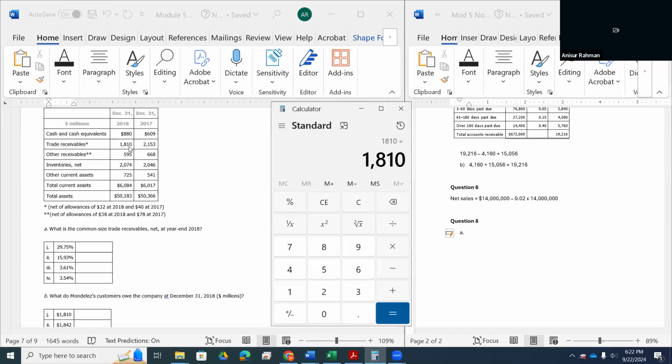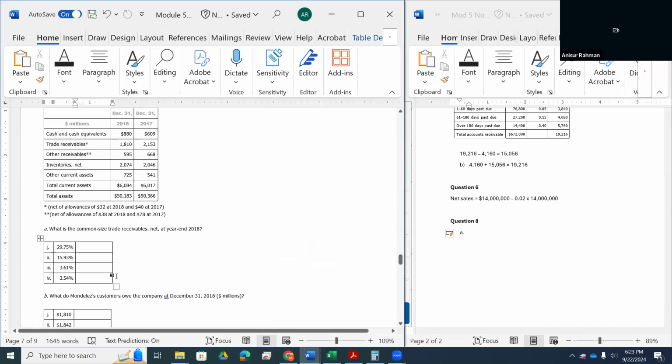So 1810 is our trade receivables net for 2018 divided by total assets 50,183. So 3.61. So that is the correct answer. Others are incorrect.